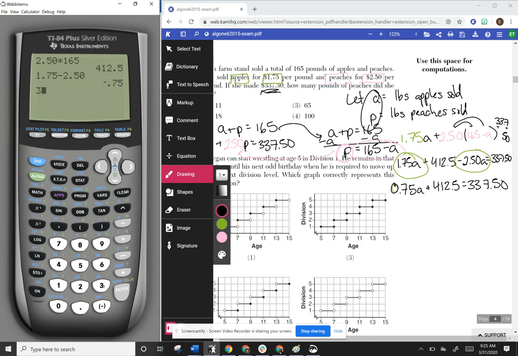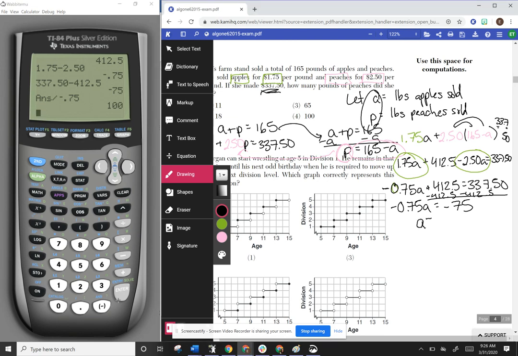Okay, we're going to do 337.50 minus 412.5. That was negative 75, my bad. So now we have negative 0.75A. I subtracted 412.5 on both sides. And I got negative 75. Divide both sides by negative 0.75.